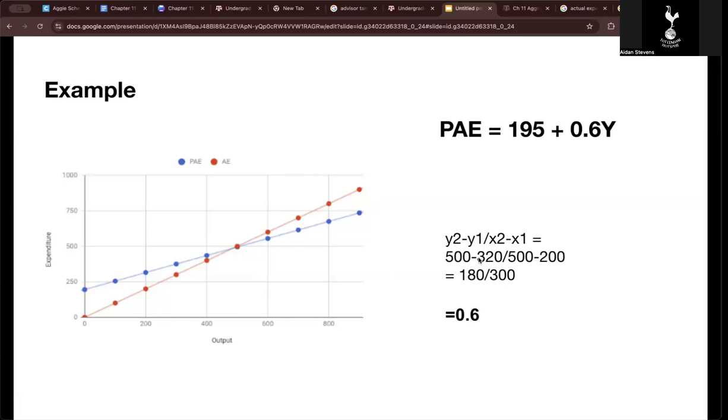If we take 500 minus 320, we get 180. And if we take 500 minus 200, we get 300. Then 180 divided by 300 is 0.6. So once again, in the original PAE equation of 195 plus 0.6Y, we know that the marginal propensity to consume, 0.6, is also the slope of the PAE curve.